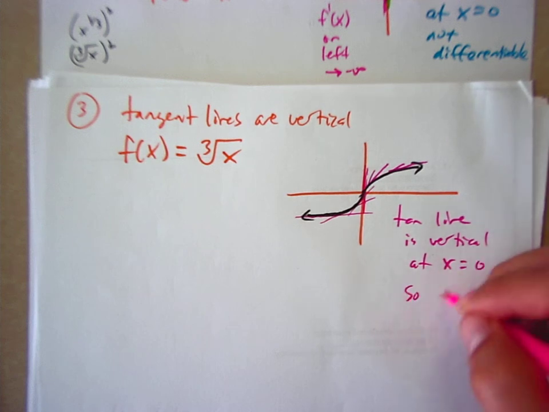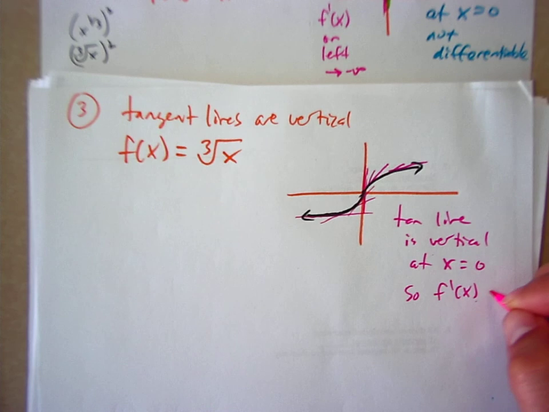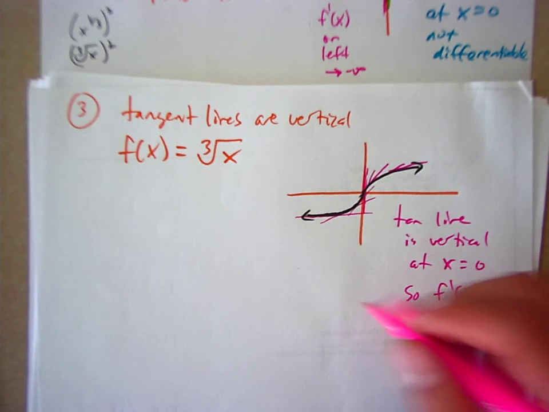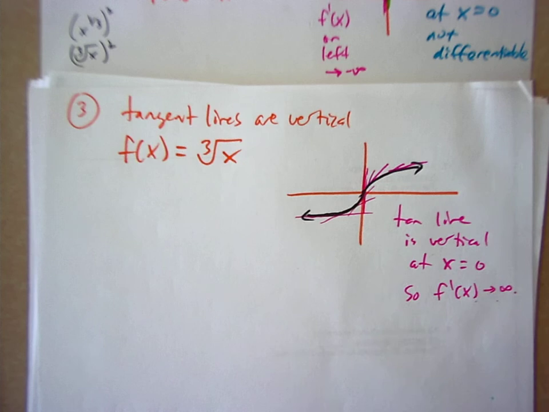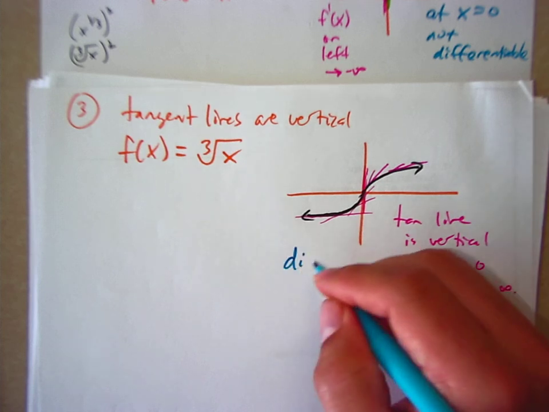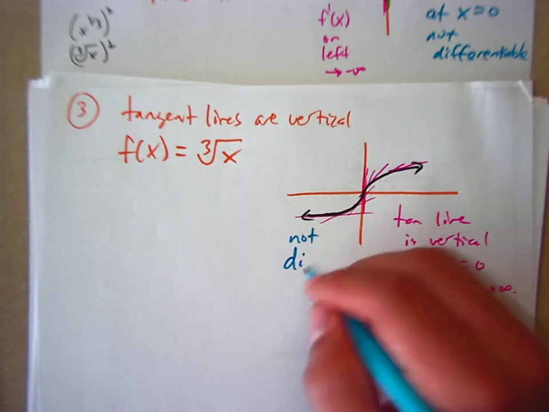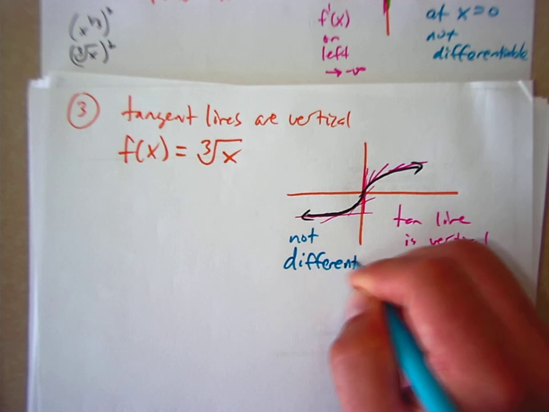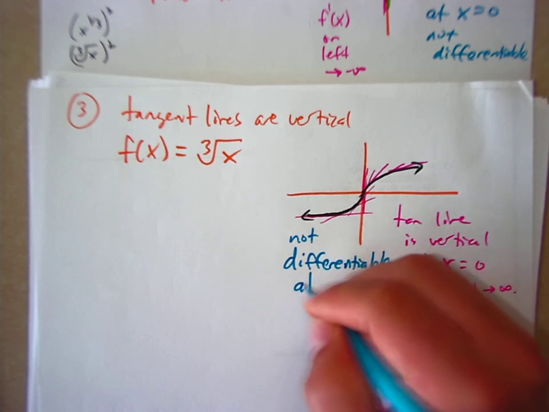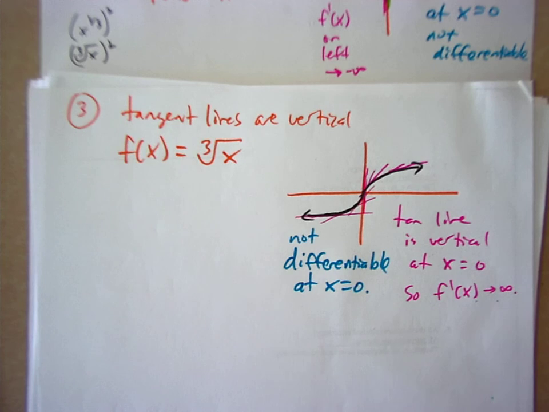So the derivative is approaching infinity there, and for that reason we have not differentiable at x equals 0 again.